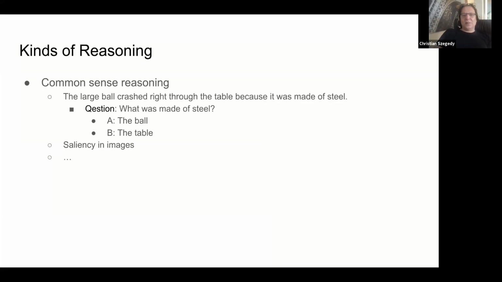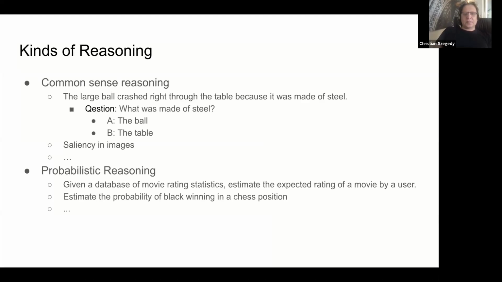Is it the ball or the table that is steel? But a human has no problem with this kind of ambiguity. Also, common sense reasoning is, if you look at a picture, then you know what the objects are. For a human, that's not really a problem. For a machine, it's non-trivial to train a system that can partition the image into objects.